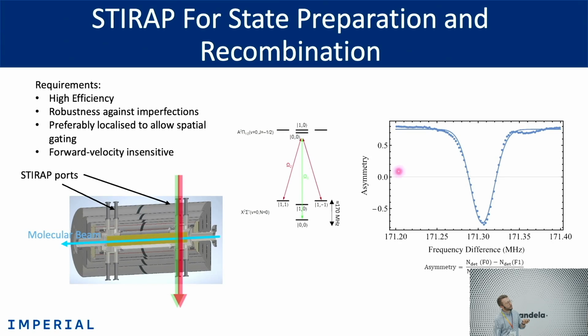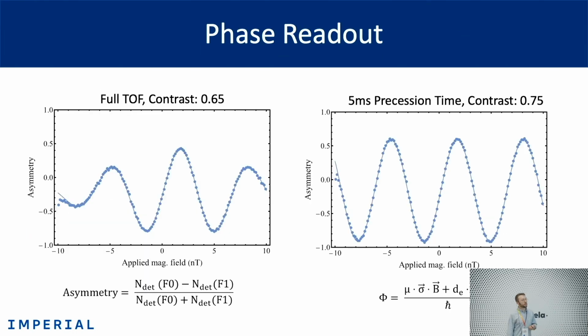The asymmetry here is the measure we use: a normalized difference between the 2 quadratures of the interferometer. We can see when we have the correct 2-photon detuning, we get a nice transfer of about 85% at best. Then if we use the STIRAP at the end of the region as well, we can create some fringes.